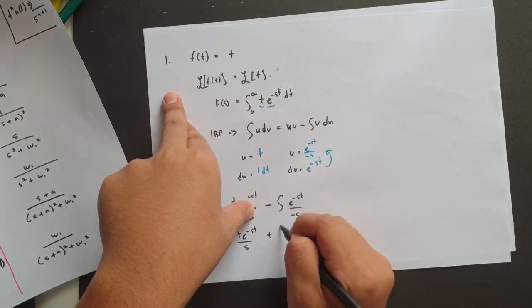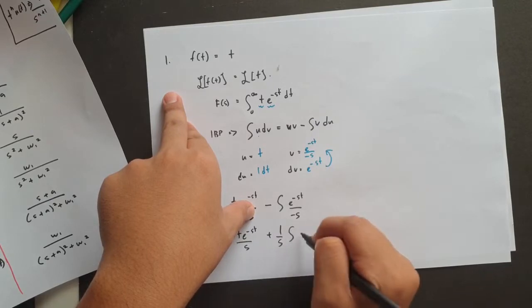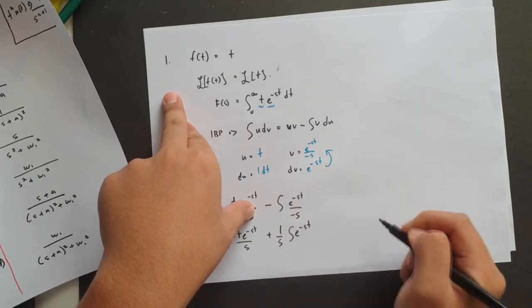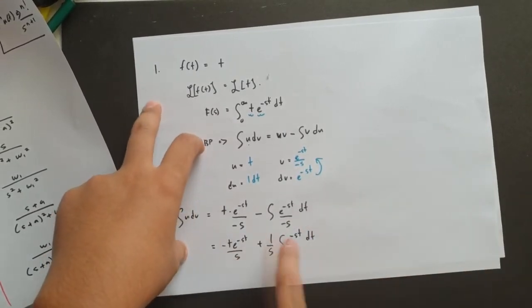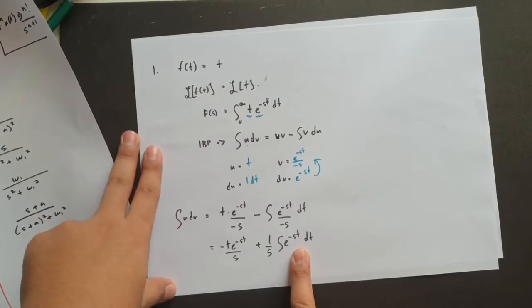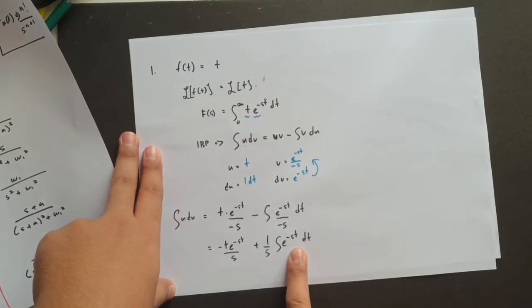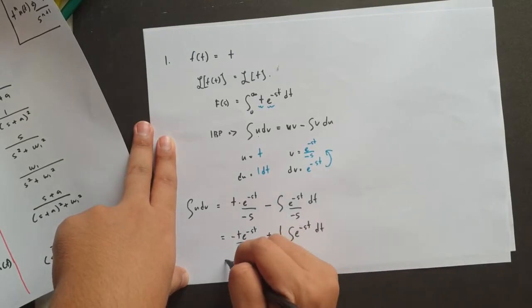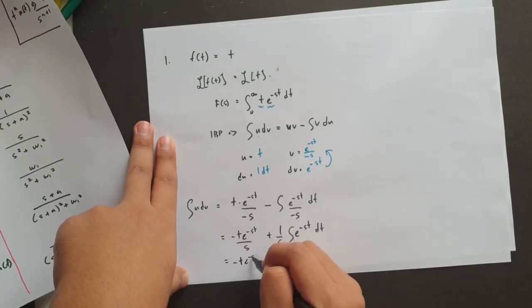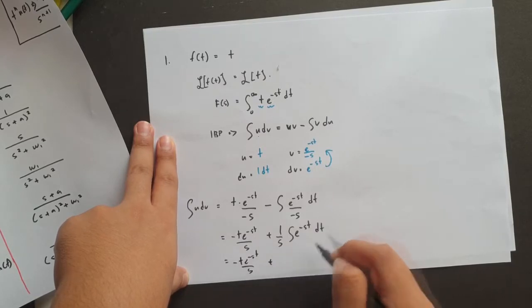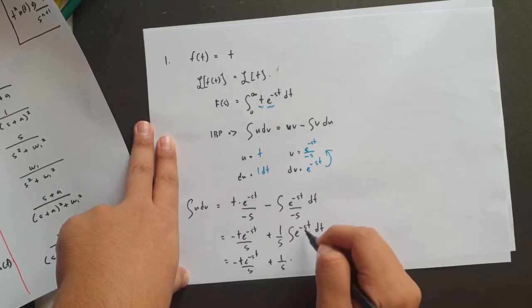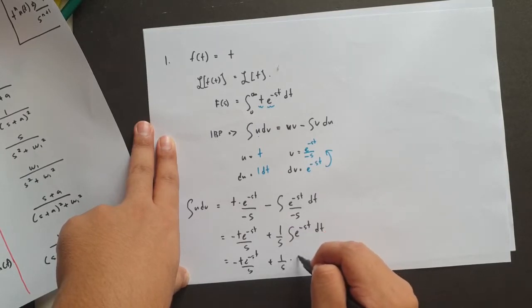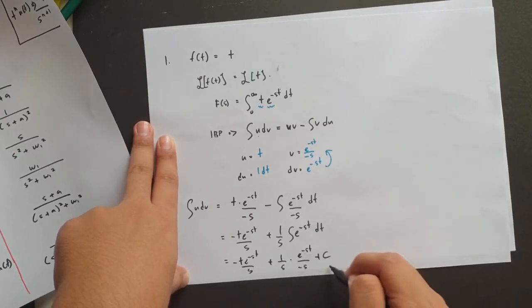You can pull the constant out, so 1 over s times the integral of e to the negative st dt. Okay, you get it? Then you integrate, giving e to the negative st over negative s, plus c. This is the constant.